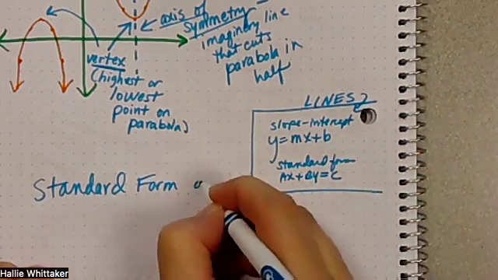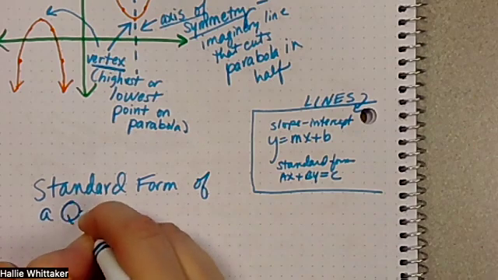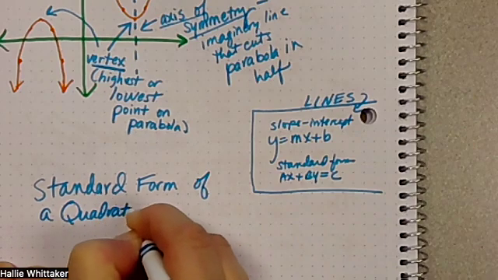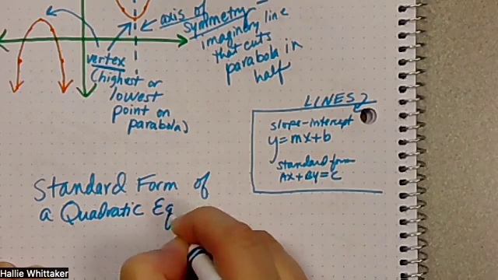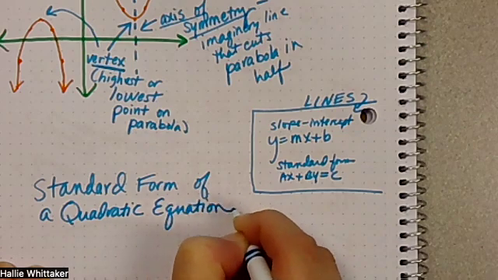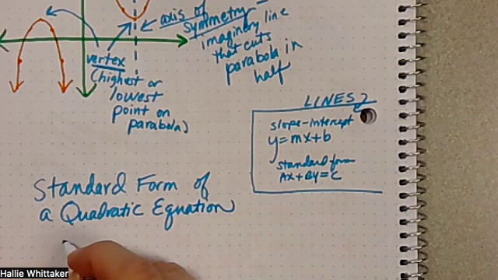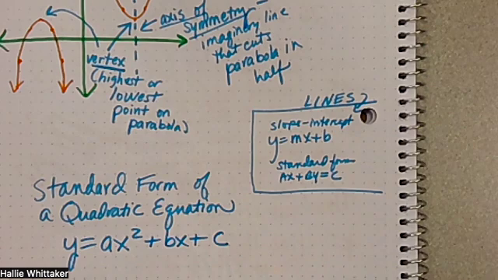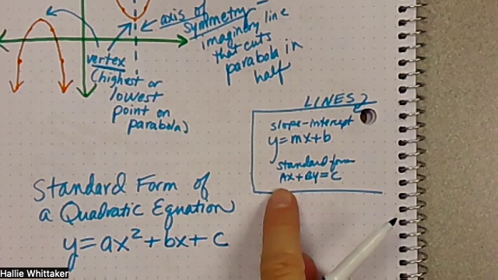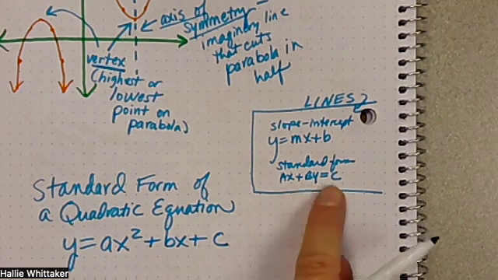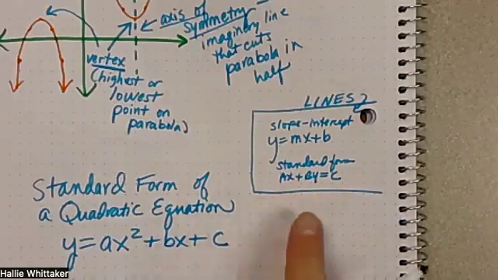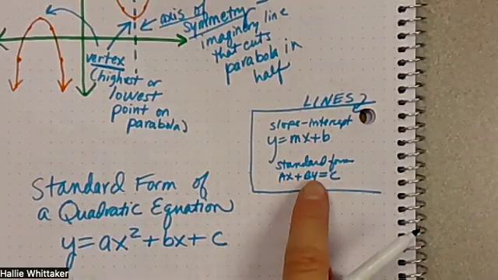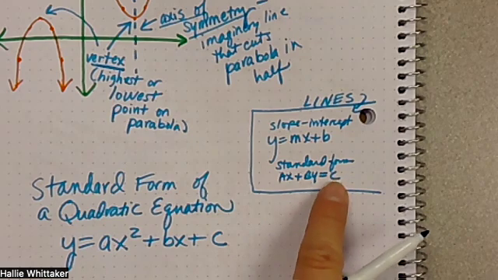Standard form of a quadratic equation is this: y equals ax squared plus bx plus c. And again, notice it's a little different than the line. There's no squared in the line. Those are all first degree, and your constant is to the right.